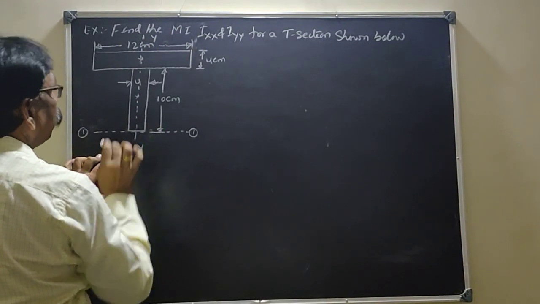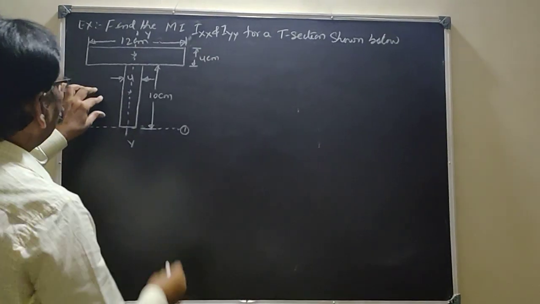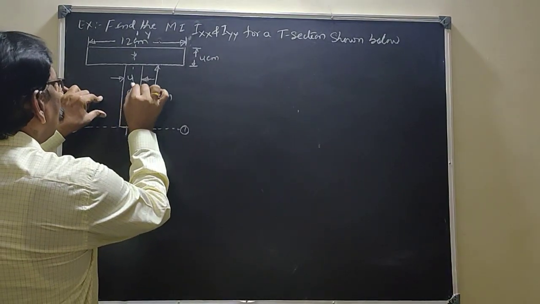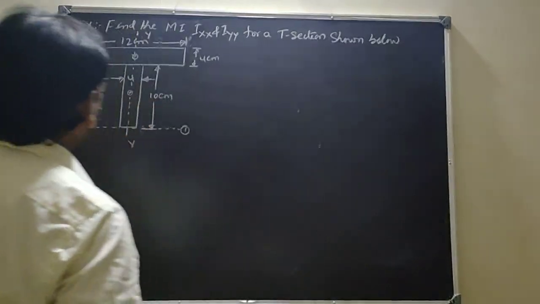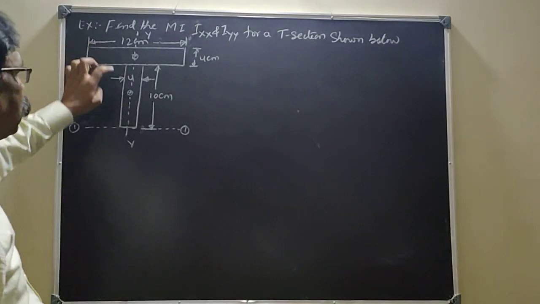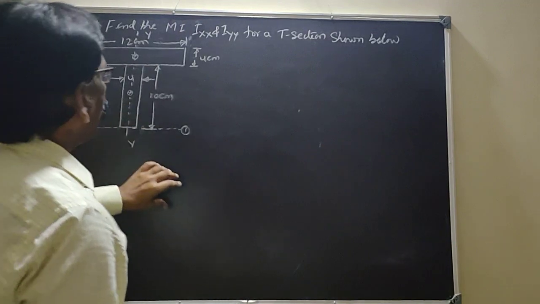Therefore, the moment of inertia of this is obtained just by adding the moment of inertia of this plus the moment of inertia of this.